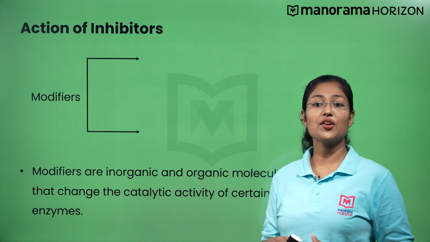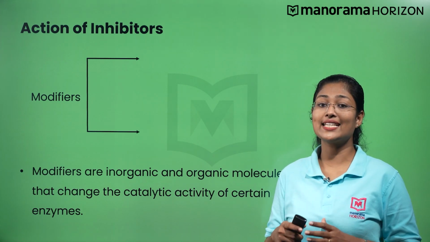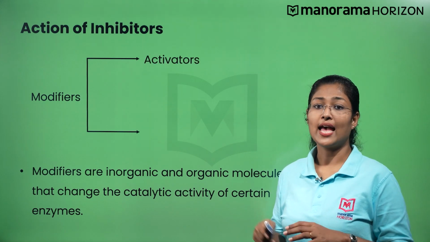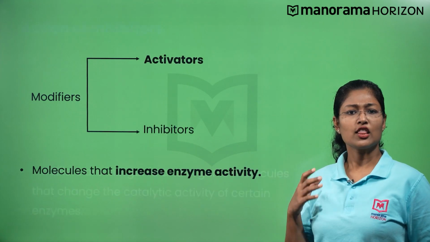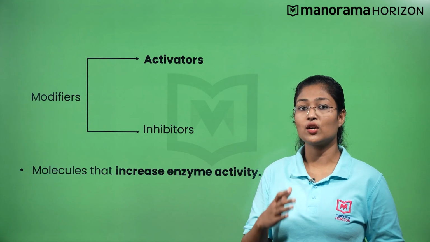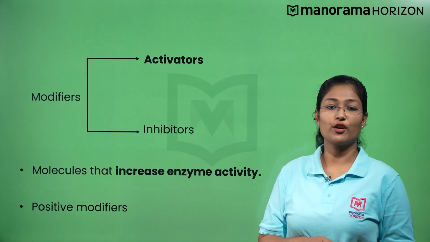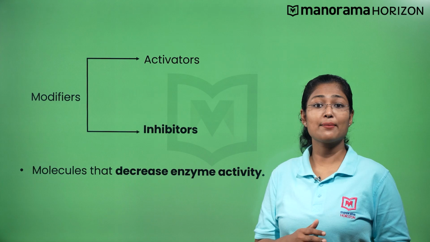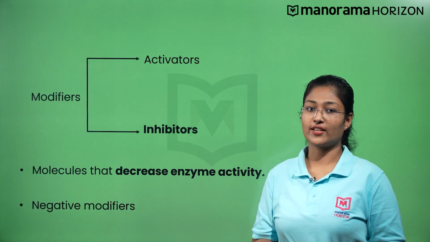Modifiers are the inorganic and the organic molecules that can change the catalytic activity of certain enzymes. They are of two types, activators and inhibitors. Those molecules which increase the enzymatic activity are known as activators, or positive modifiers, while those that decrease the enzyme activity are known as inhibitors or the negative modifiers.